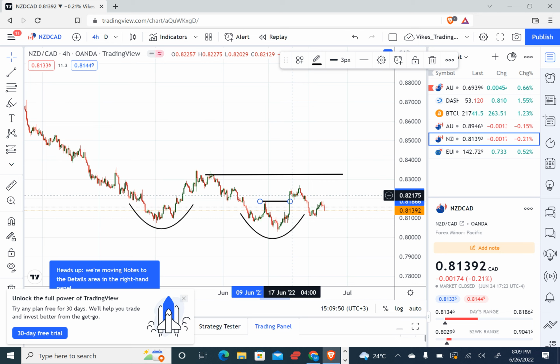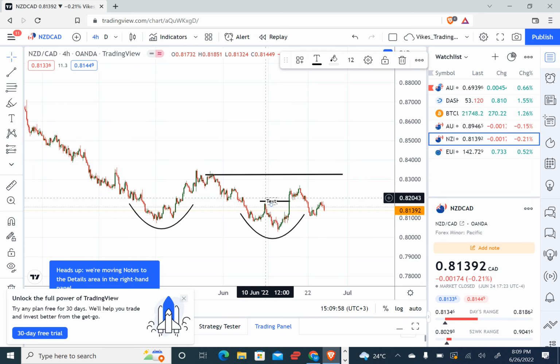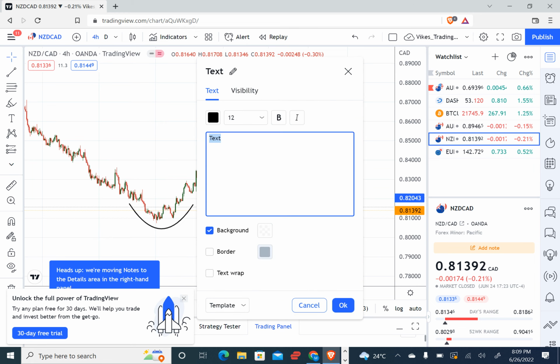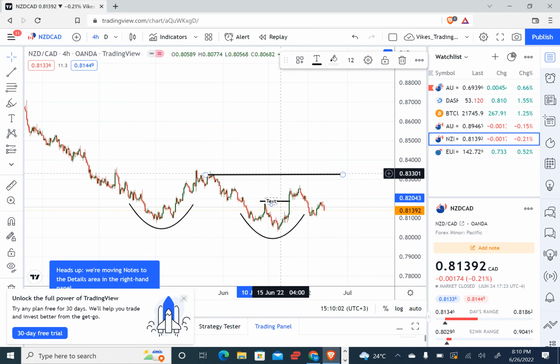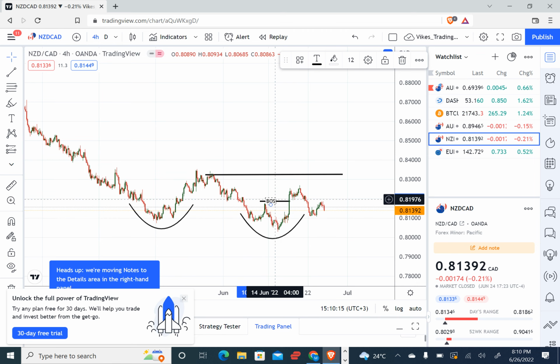Okay, so after the break of structure right here, we print a new higher high.